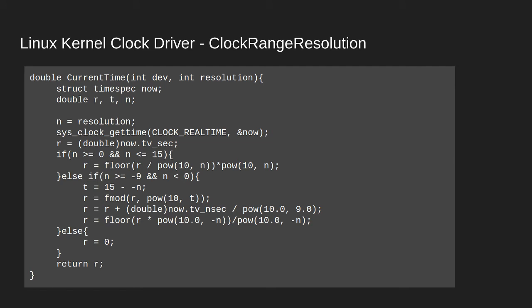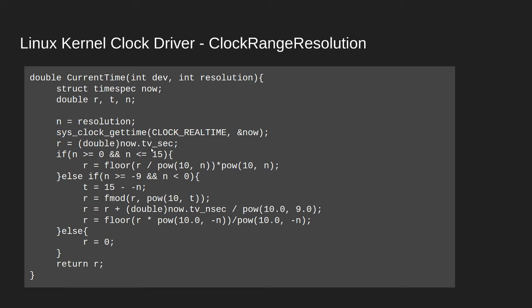This is how we get the current time in seconds by calling the Linux kernel. Here we call the Linux kernel clock_gettime function. We specify again the real-time clock, and we get back a timespec structure again. Now, if we wanted a resolution of 1 second or higher, for example, a 10-second resolution or a 100-second resolution, then we compute that value here.